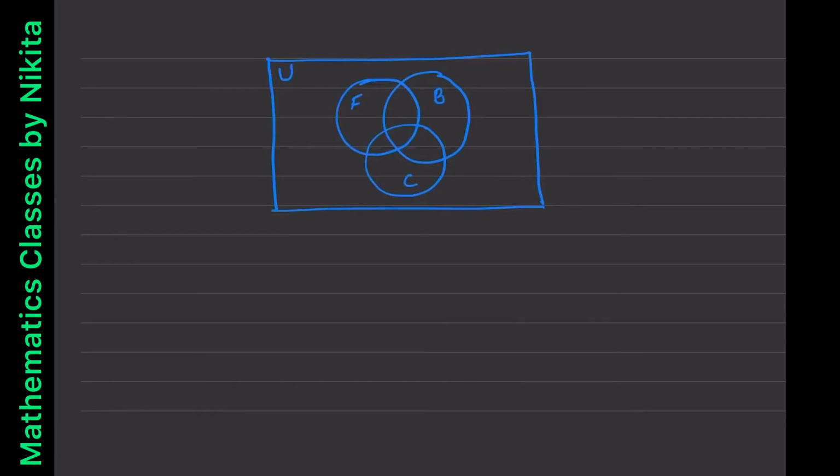And suppose here I have A, this is B, this is C, and this is D. So let A denote the number of men who got medal for football and basketball.